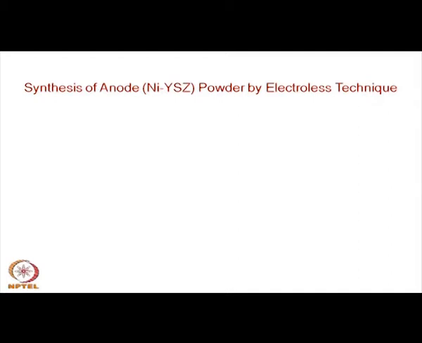Now, I mentioned earlier that one of the reasons why nickel is used along with YSZ is that the anode is facing very extreme reducing conditions like hydrogen, and whatever anode material we choose has to be chemically or thermodynamically stable at this temperature and reducing condition.